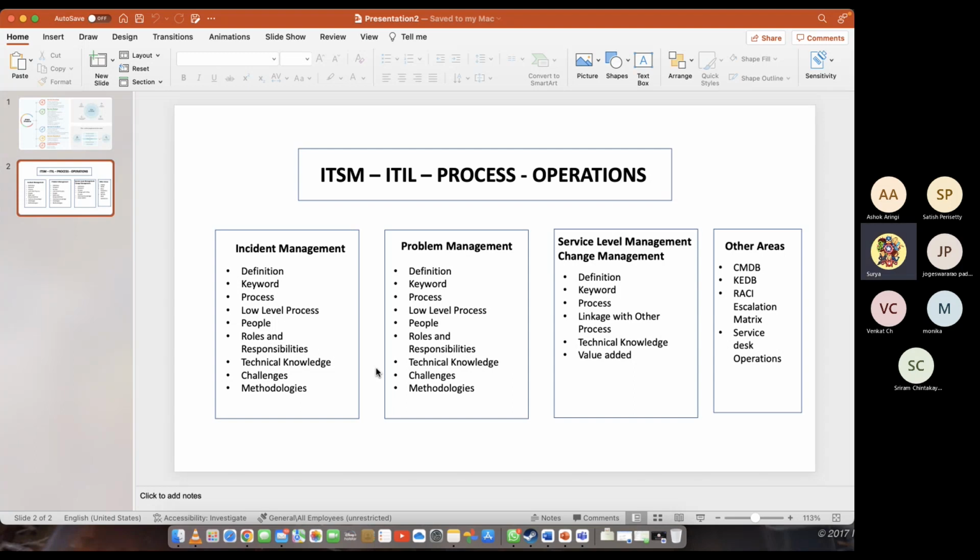If it is extended for more than 20 minutes, make sure you are selected for that job. If it is more than 30 minutes, it means he is very interested in your candidature. He is happy to have you in his team. So make sure that you have enough knowledge.